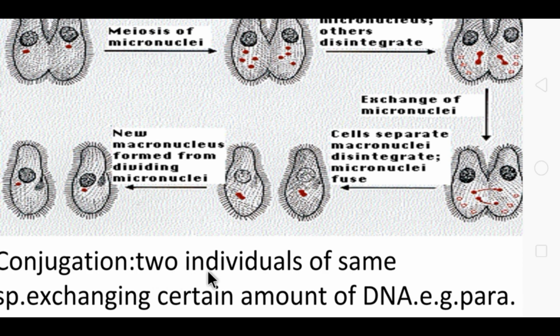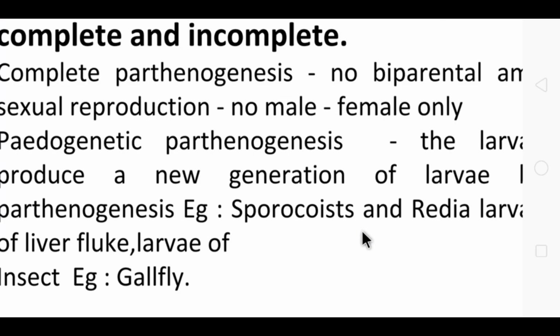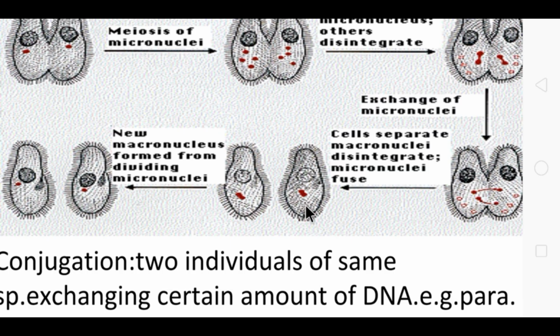Conjugation means two individuals of the same species exchanging a certain amount of DNA material. Example: Paramecium. Here, everyone should know about the Paramecium.